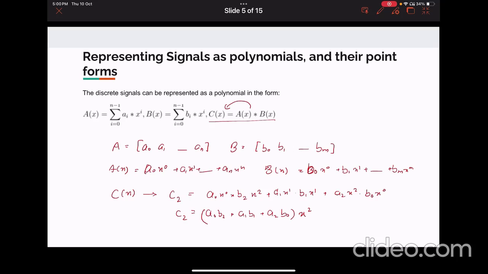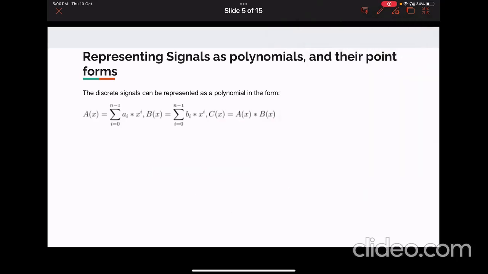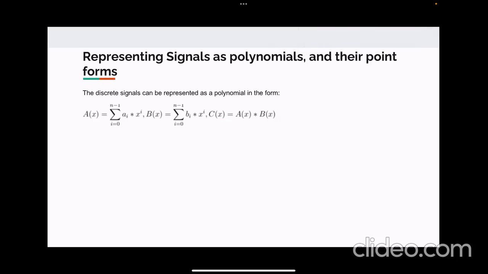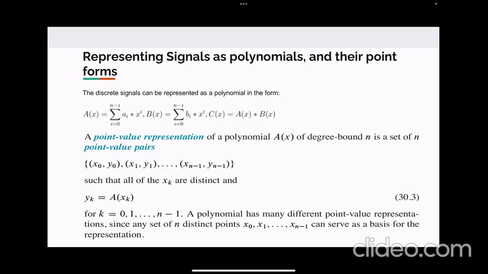Now, let me just remove this. To get this in a reduced time complexity, I'll introduce another new thing, which is the point form of the polynomials. So what is basically the point form? The point form indicates that we can represent a polynomial, let's say A of x, as n points of the form xi, yi, where yi equals A of xi, or yk equals A of xk.